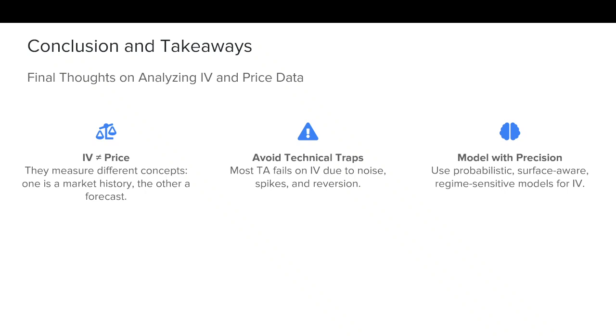TA, effective for price trends, often yields false signals when applied to IV due to its stochastic, spiky and mean reverting nature. So the future of IV modeling lies in sophisticated probabilistic tools, statistical surface and regime-based frameworks. Acknowledging these needs will prevent analytical errors and improve strategic forecasting.